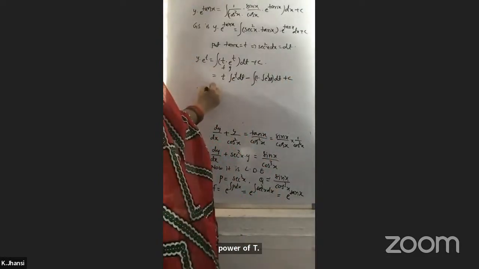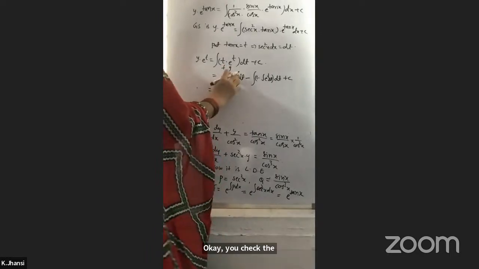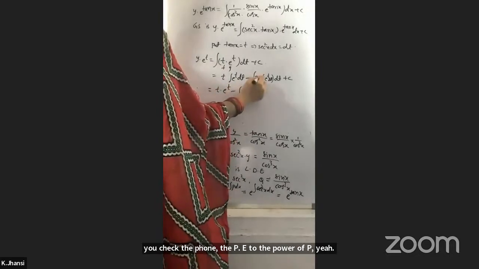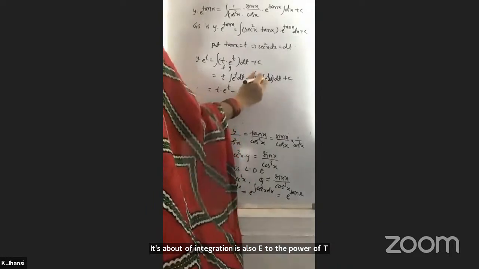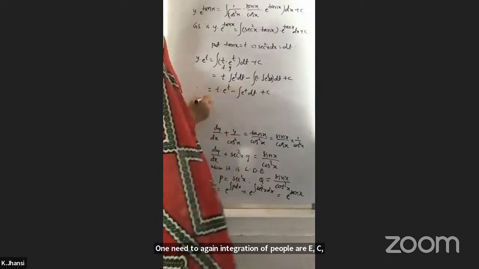You check the formula. T into e to the power of t, since the integration of e to the power of t is also e to the power of t, minus integration of 1 into e power t dt, plus c.